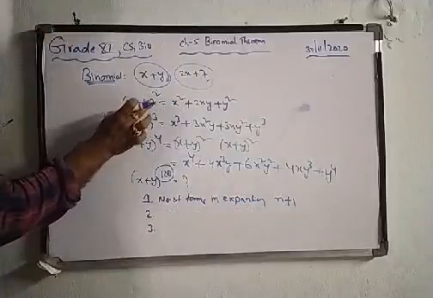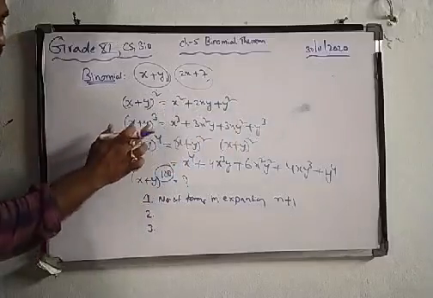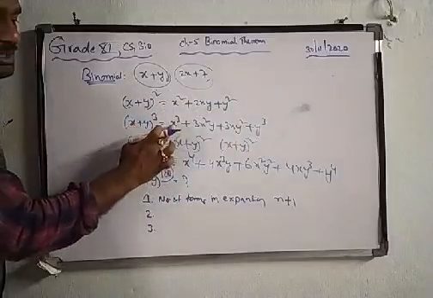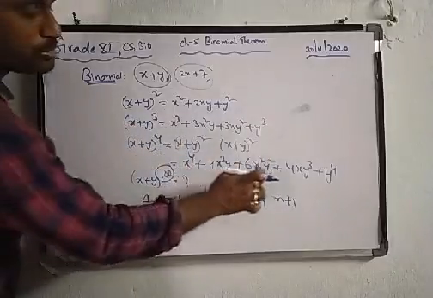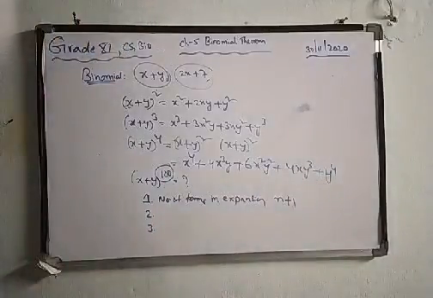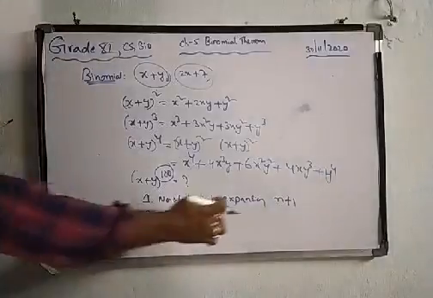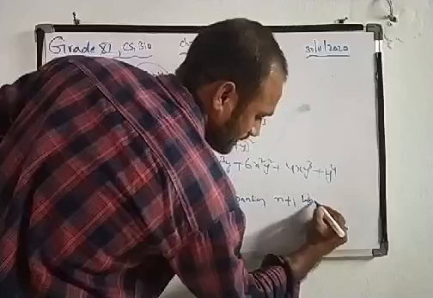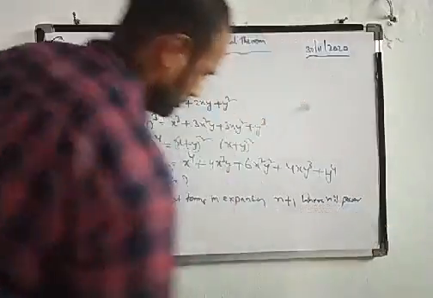For example, here the power is 2, so the terms are 1, 2, 3: 2 plus 1, which is 3. Here the power is 3, the terms are 1, 2, 3, 4. Here the power is 4, the terms are 1, 2, 3, 4, 5. So always make sure that the number of terms in the expansion will be n plus 1, where n is the power or index, whatever we call it.